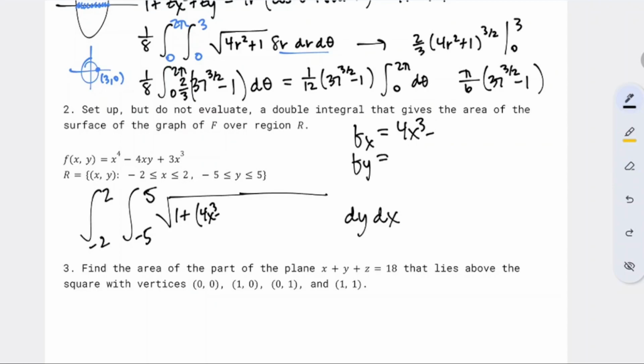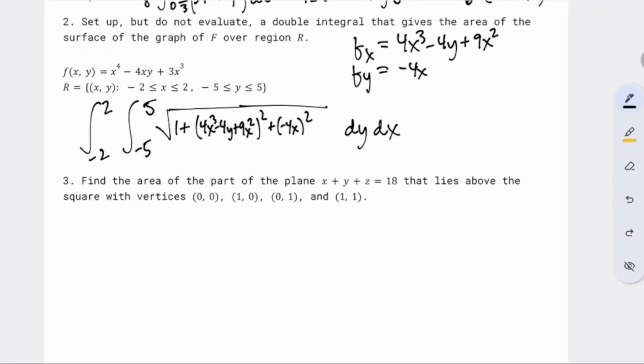I worked the test questions not too long ago. That might have been supposed to be a 3y cubed, but either way, I'm going to work it as it's written. 4x to the third minus 4y plus 9x squared, squared. fy would be -4x. Okay, there we go. That's a setup integral.